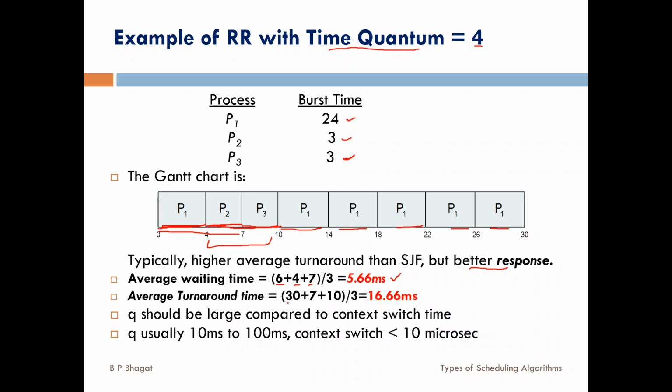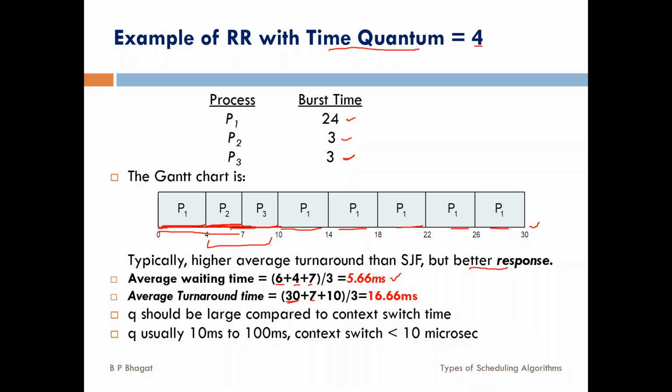Then the average turnaround time. For P1, it is the time in waiting state as well as in executing state, so the total time is 30. So for P1 the turnaround time is 30. Then for P2 the waiting time is 4 and the executing time is 3, that is 7.